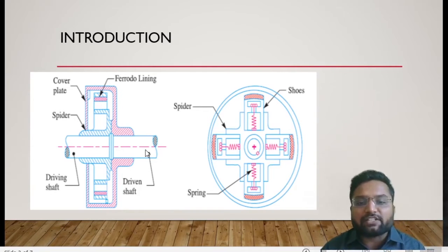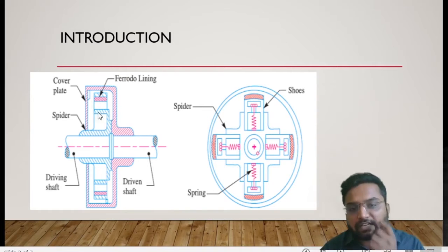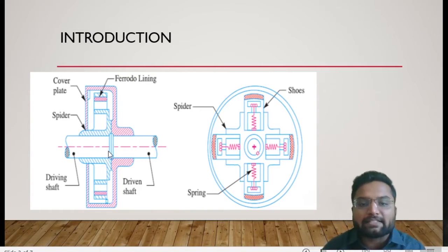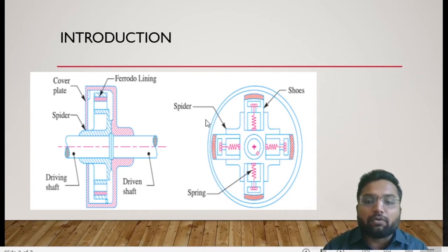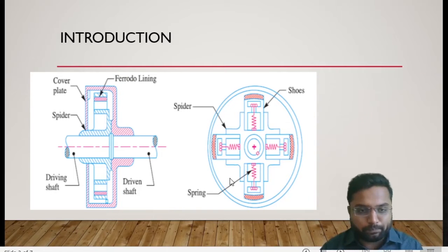Let's have this arrangement. Here, this is the driving shaft. This is connected to our driven shaft. The driving shaft is connected to our spring loaded mass, and the driven shaft is connected to the outer hub. So when the driving shaft generates that amount of outward force, or you can say centrifugal force, it tends to move these masses away from the center, and while moving, they come into contact with the shoe.